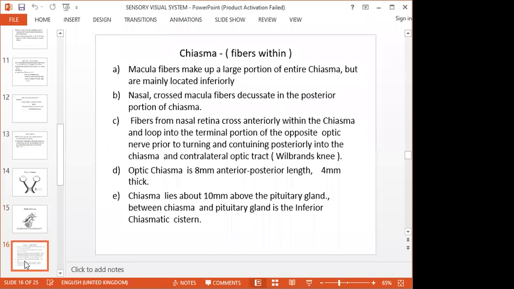Chiasma. Okay, this is the same thing. Macular fibers make up a large portion of the entire chiasma, but are mainly located inferiorly.